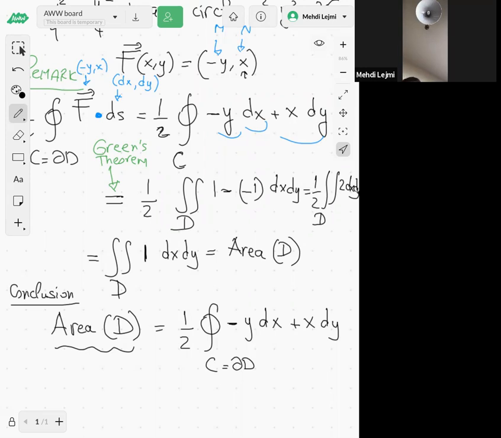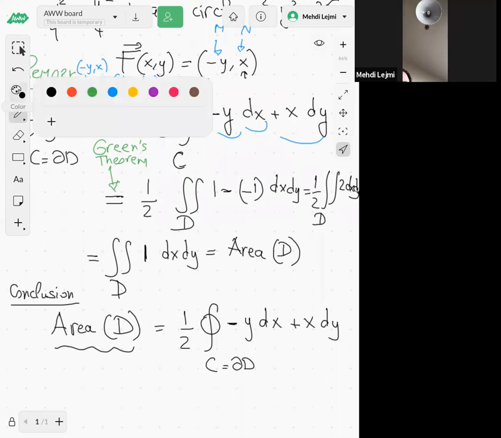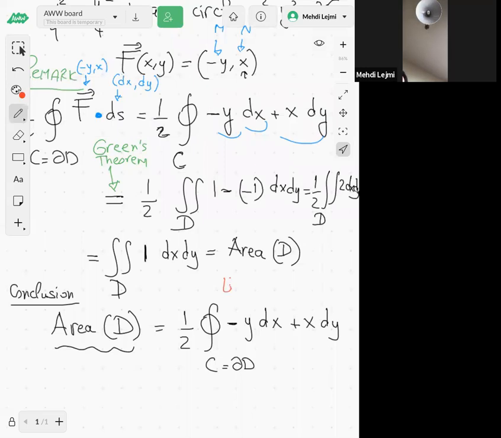So in this case, you want to compute the area of D using Green's theorem, so you have to evaluate this vector line integral.